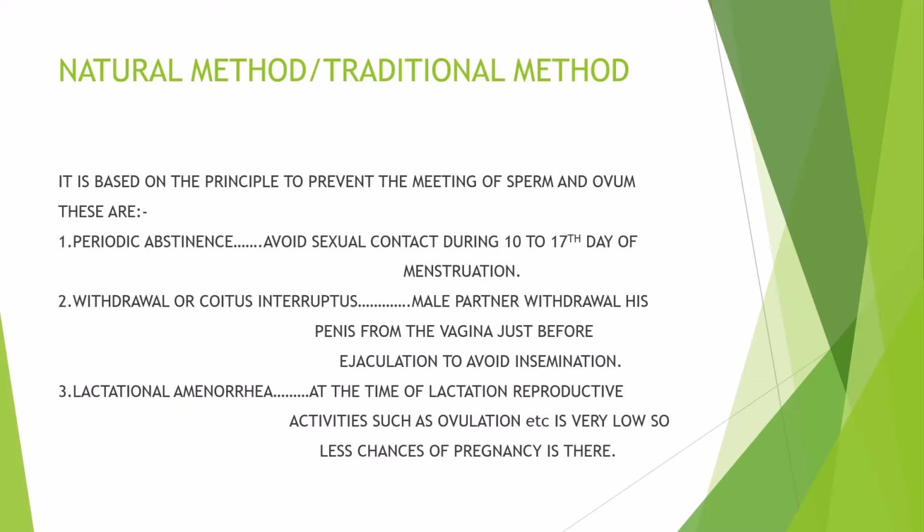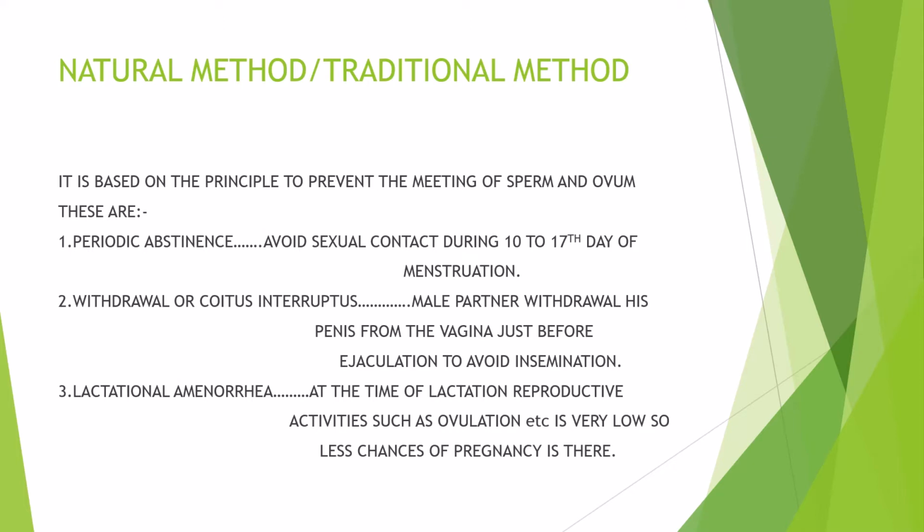First is called periodic abstinence. We know that in females there is a periodic cycle that we call the menstrual cycle. We also know the 14th day of the menstrual cycle is the day of ovulation.